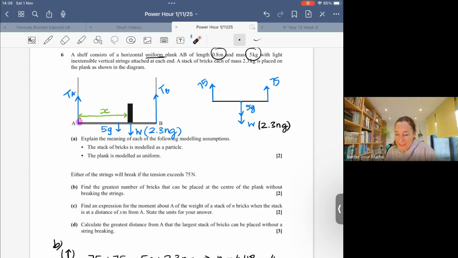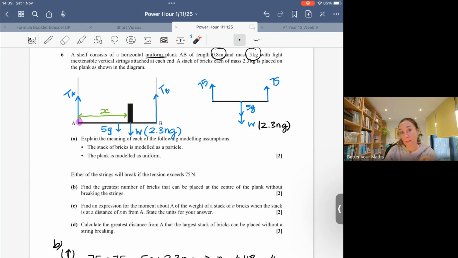For those who haven't seen moments, remember in year 12 we work with particles, and when we apply a force to a particle, the particle is not rotating because it's just a point. When we have rigid bodies in year 13, which are bars, rods, planks, things like that, when you apply a force, apart from moving the thing, you can produce rotational effects.